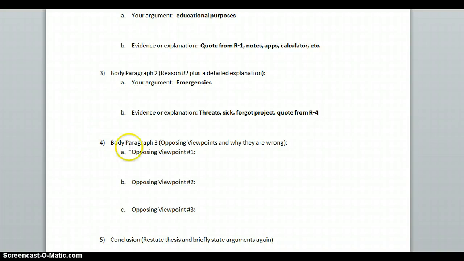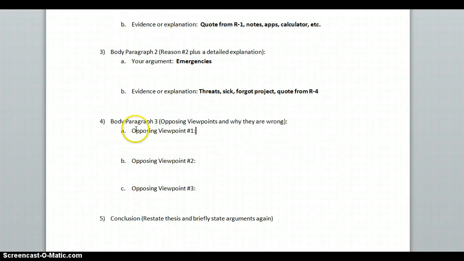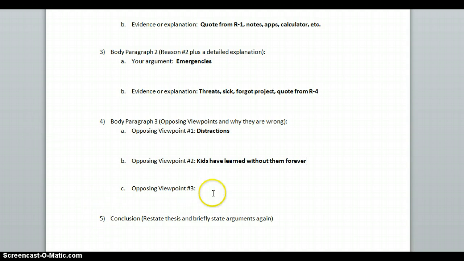Now in this paragraph, I need to present all of the opposing viewpoints, all of the reasons that we should not have cell phones in class. There are distractions sometimes. Okay? Maybe my second opposing viewpoint is that kids have learned without them forever.